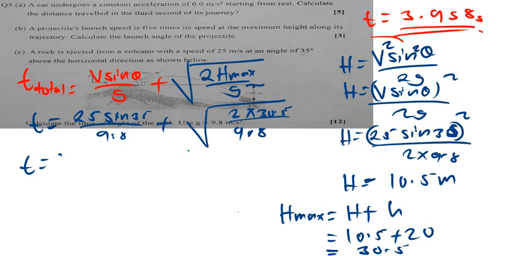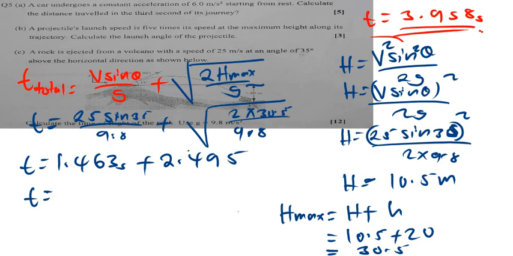That part is giving me 1.463 seconds plus that one is 2 times 30.5. Now I divide it by 9.8, then I get the square root. So this is giving me 2.494. If I round it off, it's going to be 2.495. So let's add now. That would be our time.